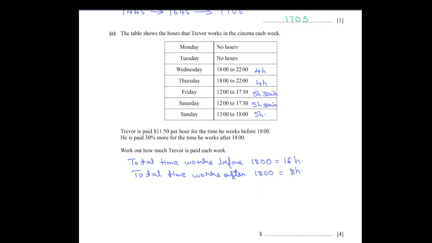So it should be 16 into 11.5 plus 8 into 1 plus 30 by 100, or else you can do just 8 into 11.5 plus 30 by 100 into 11.5.